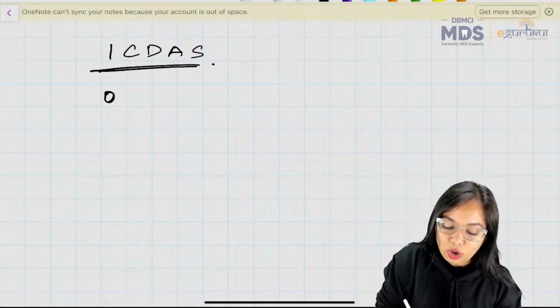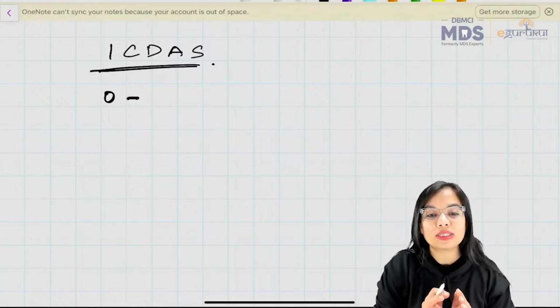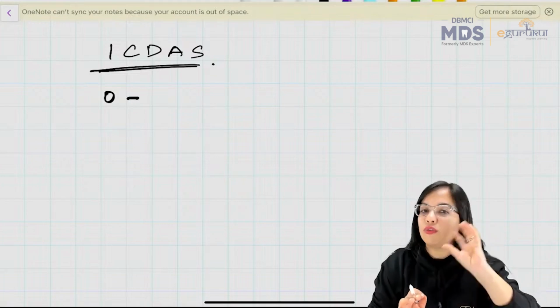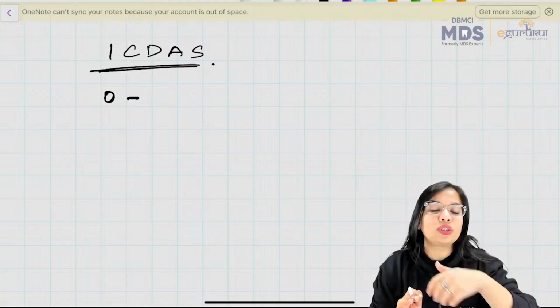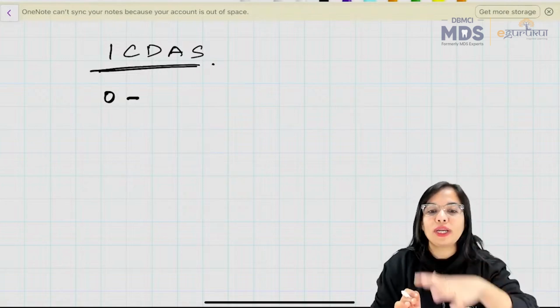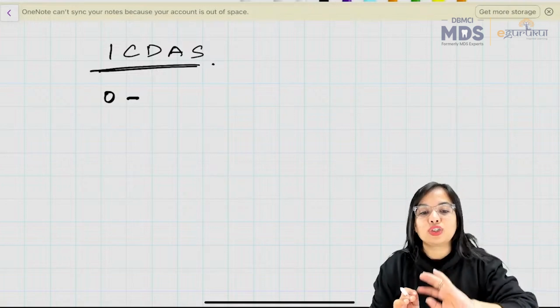So 0 obviously means a very sound tooth surface with no caries change even after air drying. So there's a tooth, there are no visible caries, you air dry the tooth, there are no matte patches or white opaque patches, nothing, no hypoplasia, no wear, erosion, nothing.